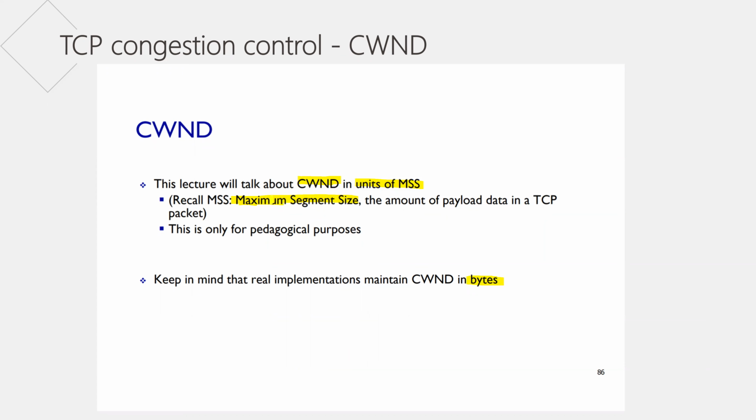Don't worry too much about this point. We will not test this part. Just make sure you know the CWND is like a limitation of the speed. We use the CWND to control the sending rate or receiving rate, and the unit is bytes. So that's the first key point that we need to know, CWND.